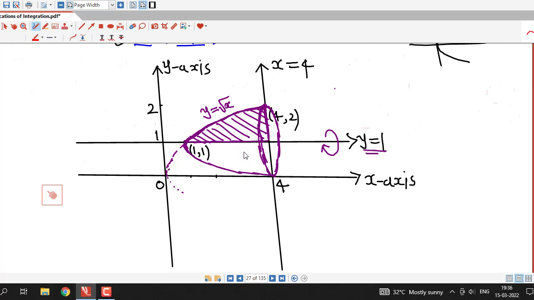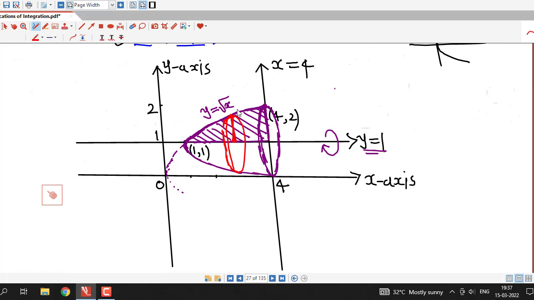If we consider the cross section of this solid perpendicular to the axis of rotation, then we will obtain a circular disc, which may look like this, and the thickness of this disc will be delta x, and the radius of this disc will be this distance. Because now our axis of rotation is y equal to 1, the center of this disc is on the line y equal to 1.